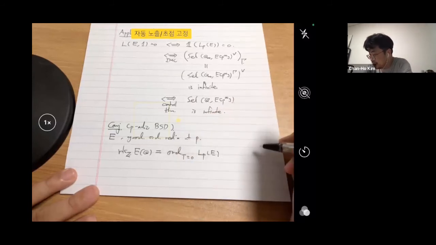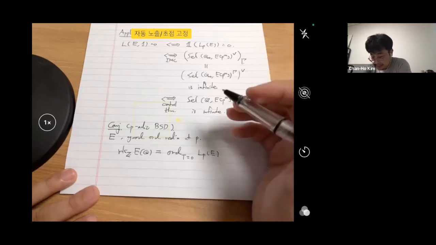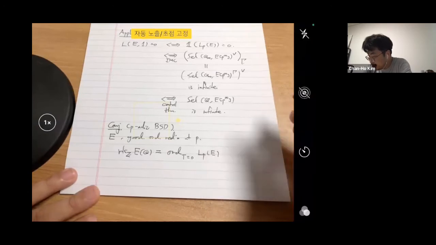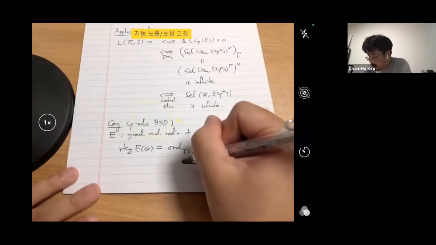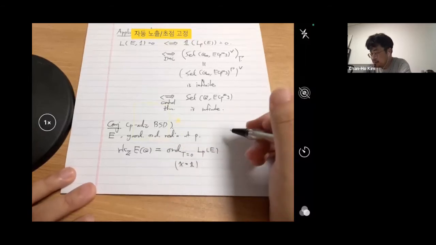So it's similar to the original Birch and Swinnerton-Dyer conjecture, but I replace the complex L-function by the p-adic L-function. Of course their behavior is very different, but surprisingly it is also expected. And in terms of characters on the Galois group, chi corresponds to the trivial character.